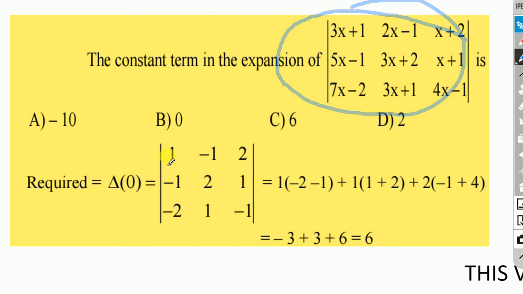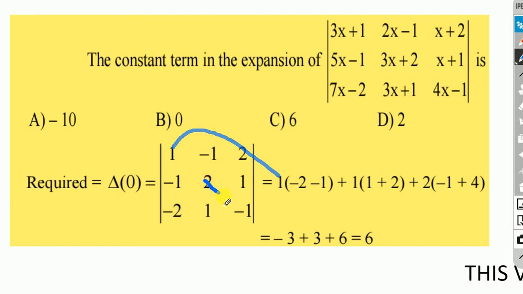Now you can expand: 1 into 2 into minus 1, that is minus 2, minus 1, minus of minus, plus 1 here. In the expansion I have minus 1 here, so this becomes plus 1 into minus 1 into 1 plus 1 plus 2 here.